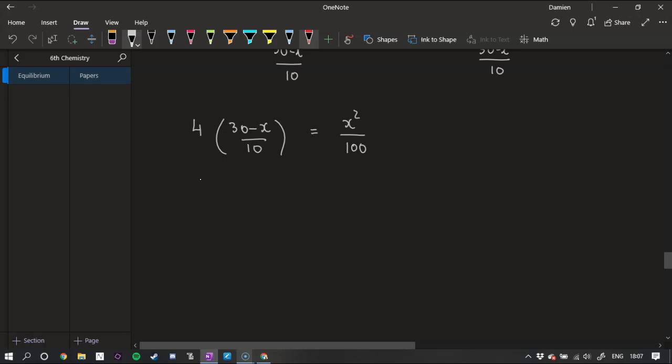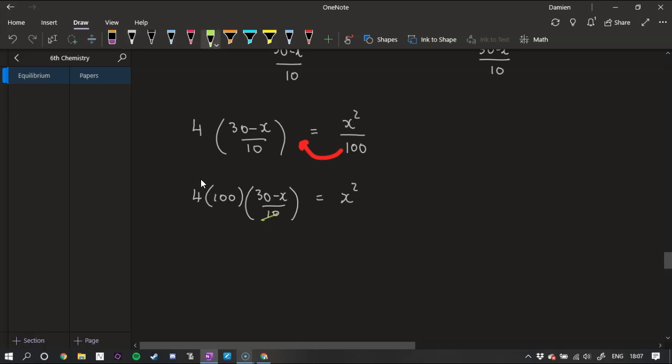I would also bring up the 100 here possibly as well. You can bring that 100 over. So you end up with 4 multiplied by 100 multiplied by 30 minus x all over 10, and that equals x squared.